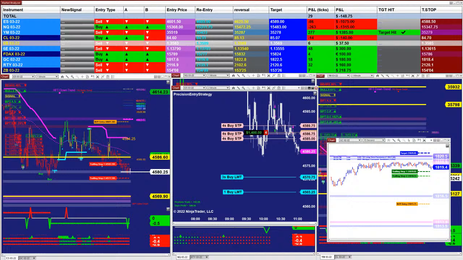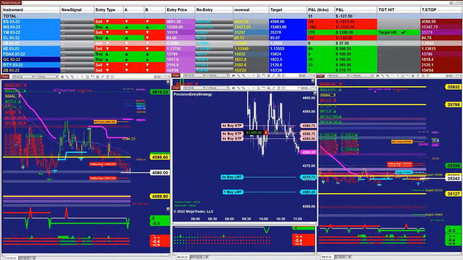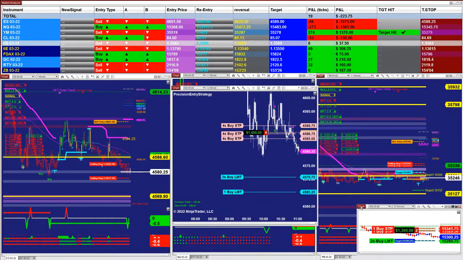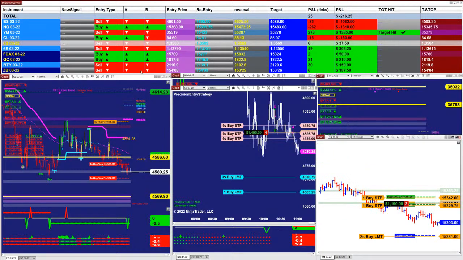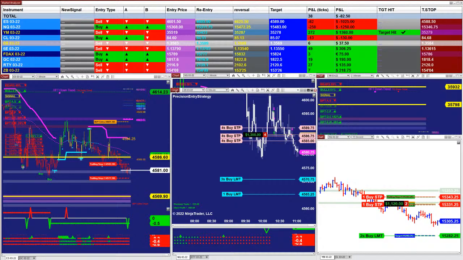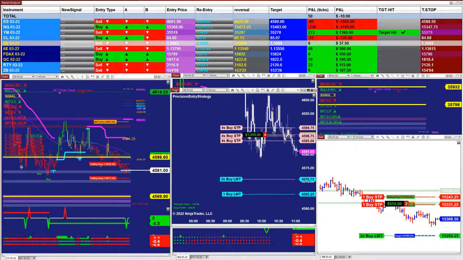So two traders using the same auto trade will not make the same money. Two traders use the same template, the same chart. I can provide this template to 10 different traders, and they will have 10 different results.